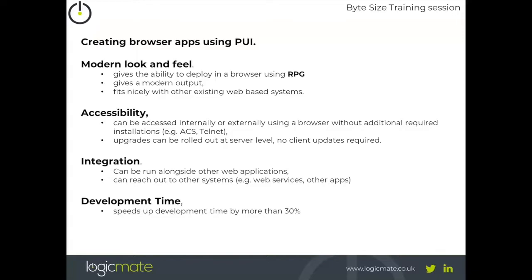Upgrades are done at server level, so as long as the client has got a browser, they can get access to the system. We can now integrate with other web applications that are running outside of our control, typically things like Google Maps and the postcode lookup. So we can build those alongside our existing homegrown applications.